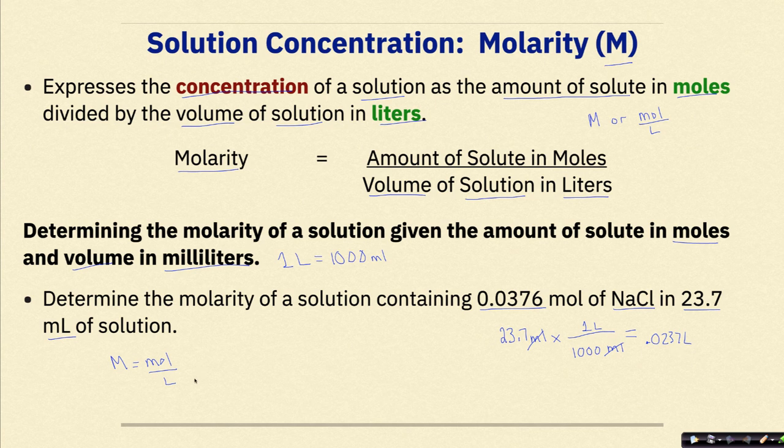I can go back to my molarity formula now, and I have 0.0376 moles of NaCl divided by my volume, which is now in liters, 0.0237 liters of solution, which is going to be equal to, if I divide that out, 1.59 molar.